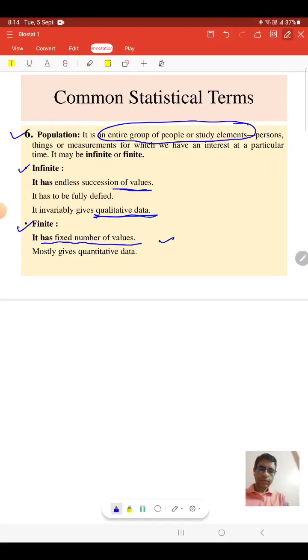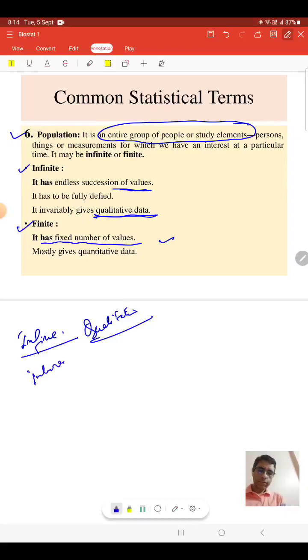I'll explain it. Infinite population means, say, in a qualitative study we are going to do interviews by convenience.